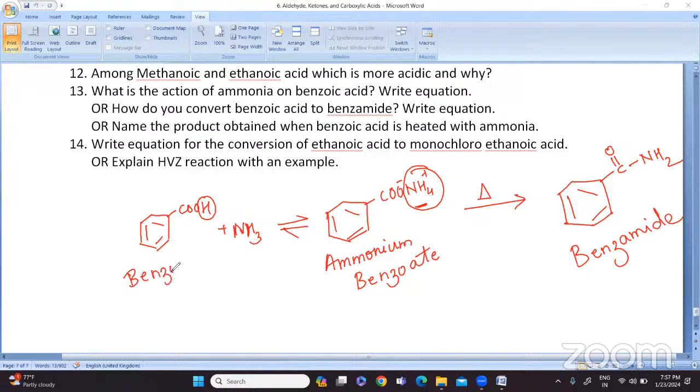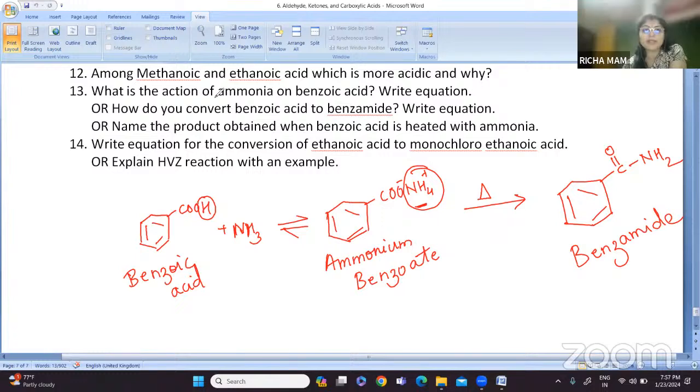So benzoic acid, when it reacts with ammonia, gives you ammonium benzoate. When we heat this ammonium benzoate, we get benzamide. Again, how do you convert benzoic acid to benzamide? Write the equation.